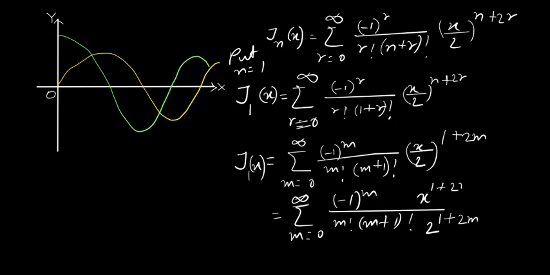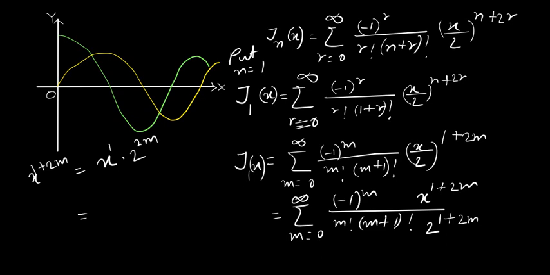And x to the power 1 plus 2m equals x to the power 1 into x to the power 2m.